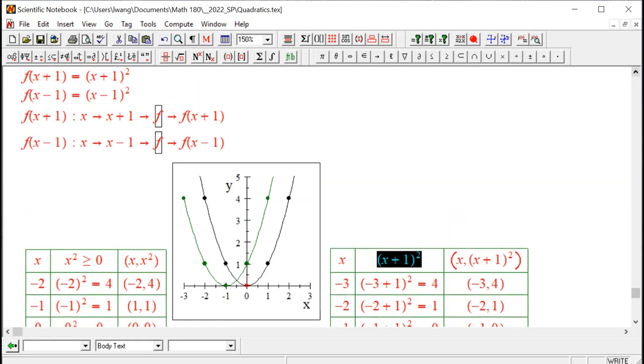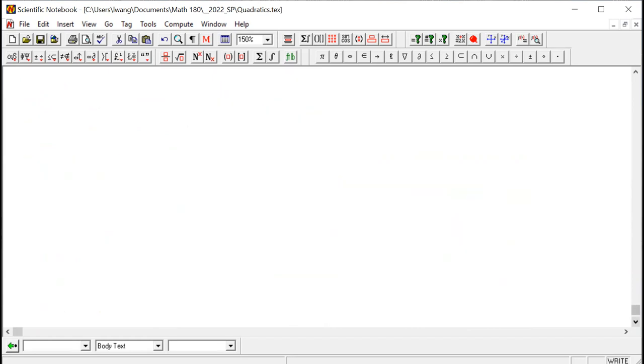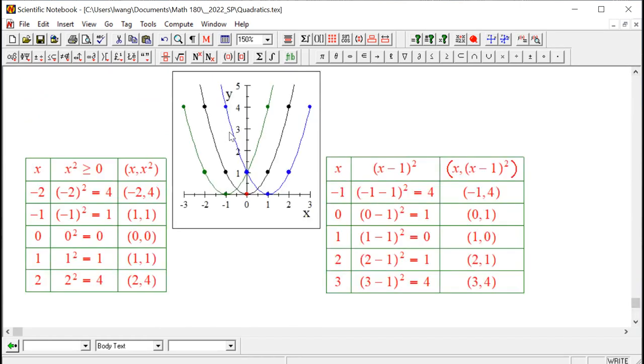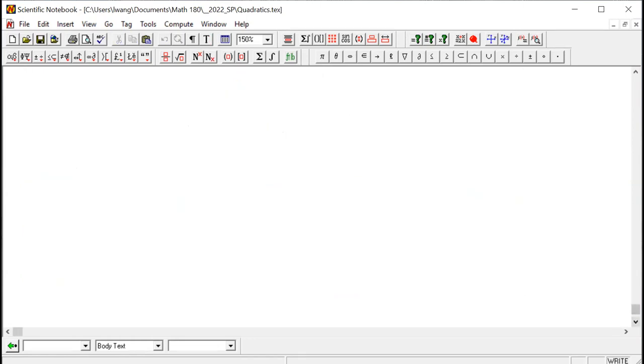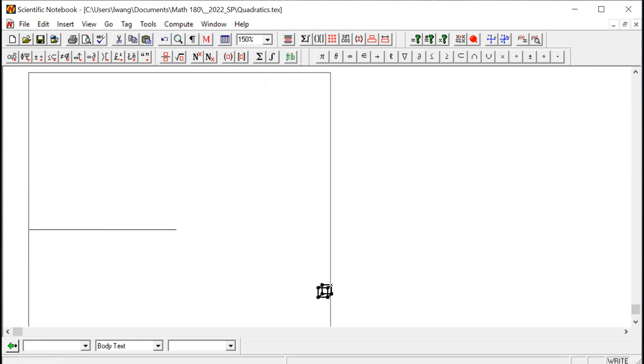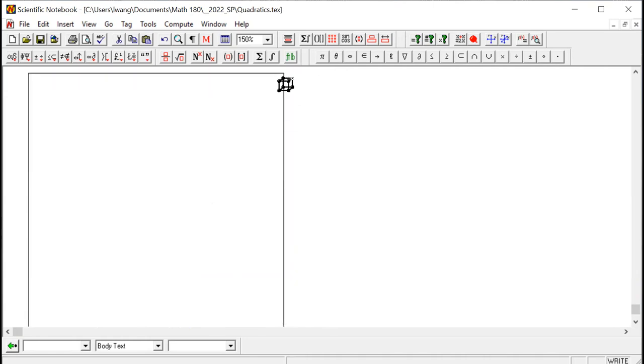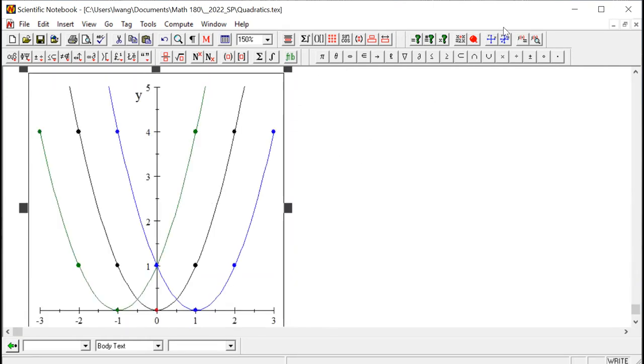Okay, so let's summarize. Right? So on this piece, what do we got here? We're gonna mark it, right? The horizontal shift.